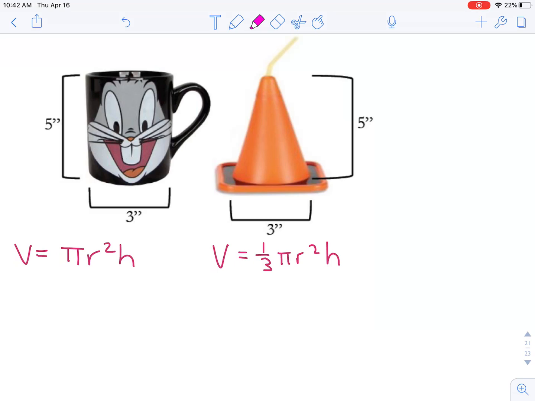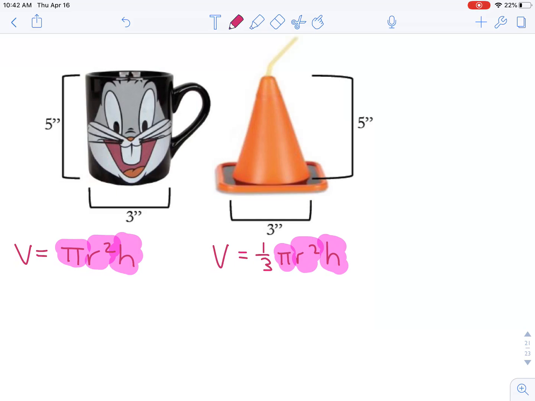Now, let's think about this. We can do this problem without plugging anything in. Pi is the same. They both have the same radius, so the r squared would be the same. And the heights are both 5 inches.